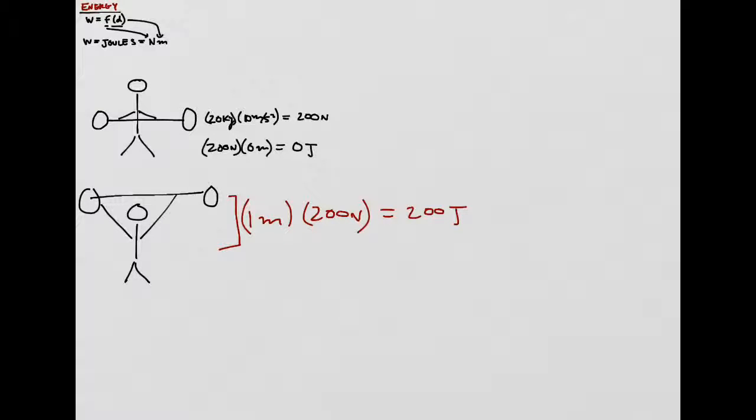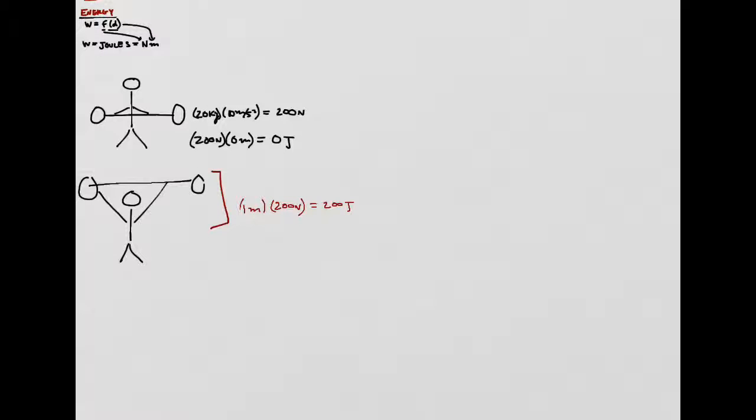Now you can imagine if this weightlifter were to lift this barbell 2 meters, times 200 newtons, we would see that she does 400 joules of work on the barbell.